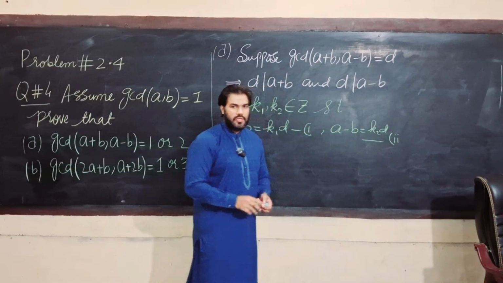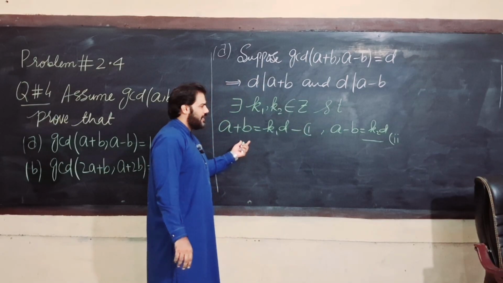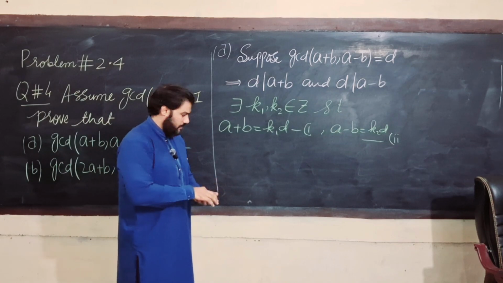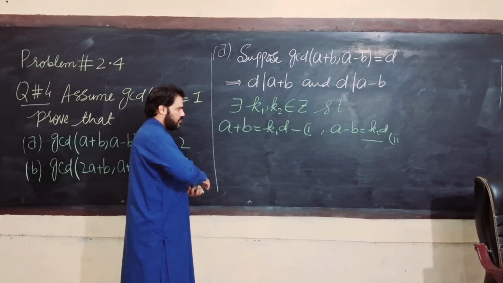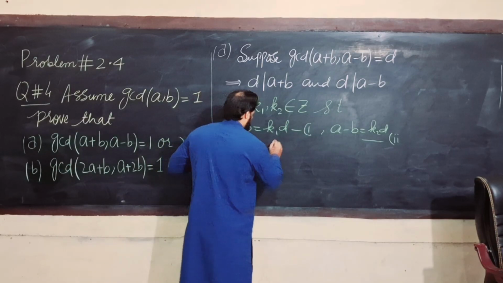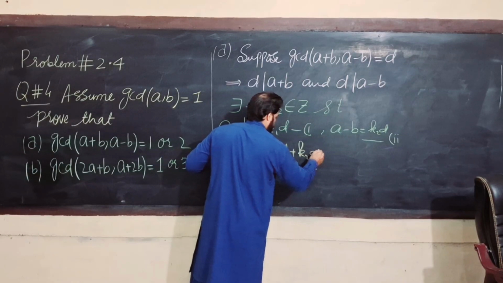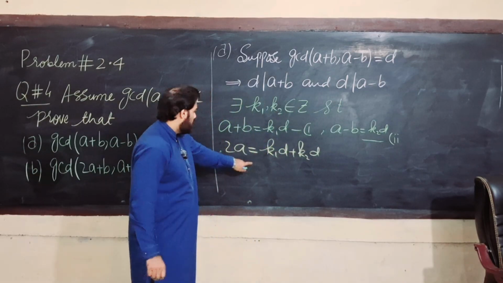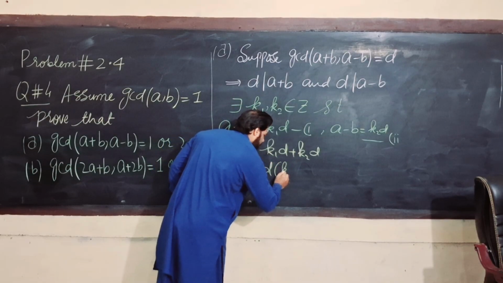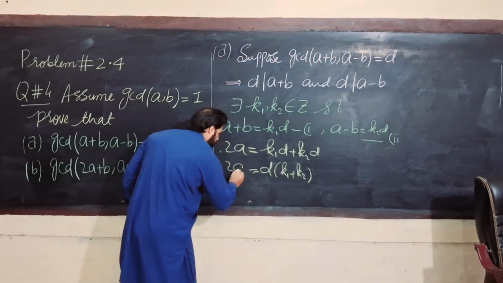Now from these two equations, I want to eliminate the value of A and B. Firstly, if I add 1 and 2, I can obtain the value of A. So by adding 1 and 2, we have 2A is equal to k1 times D plus k2 times D. Taking D common, we have D times (k1 plus k2), and this is equal to 2A.